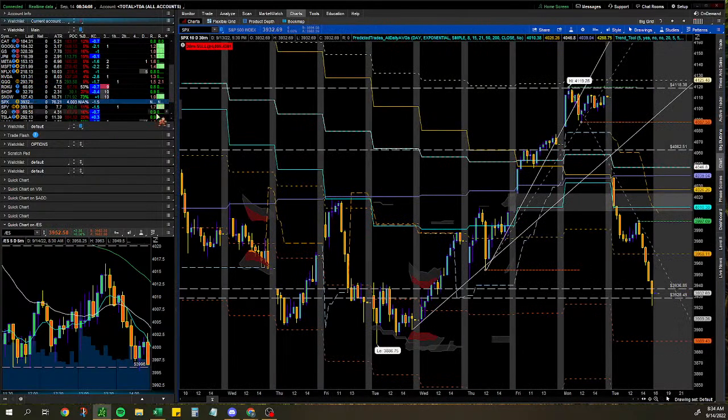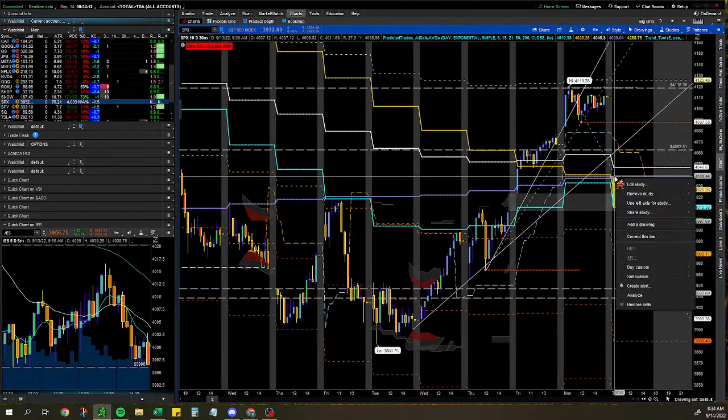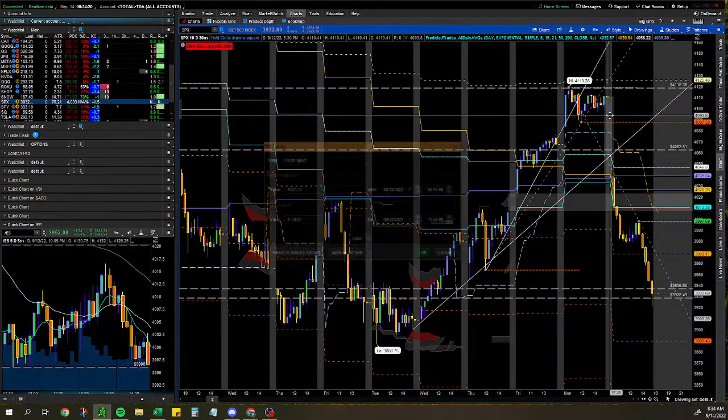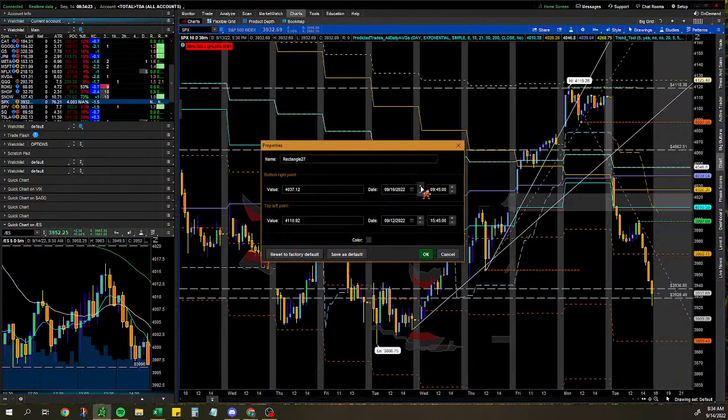SPX. I'm going to go ahead and mark a huge old gap to fill, should we ever go to the upside again.